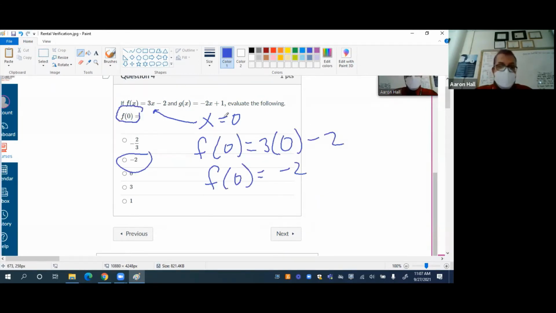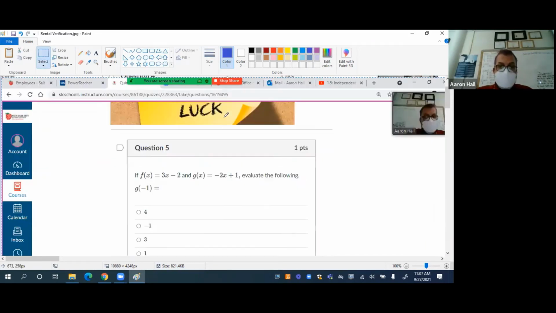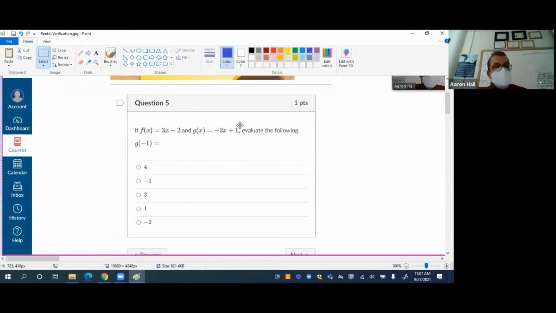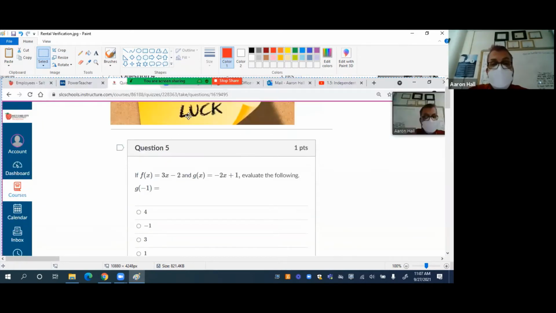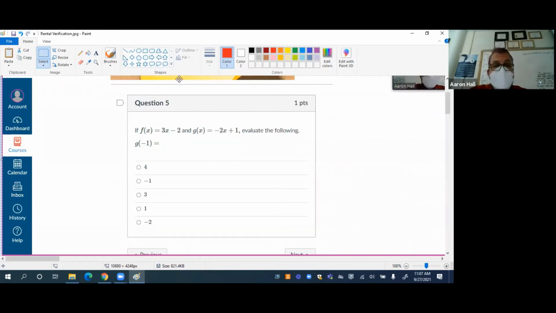All right, let's look at the next one. Maya, any ideas how to do this one? So this would be really helpful to do this one together. Any ideas of what this says? Does this give me any information? First of all, it tells me to use which of these. Should I use f of x or g of x?